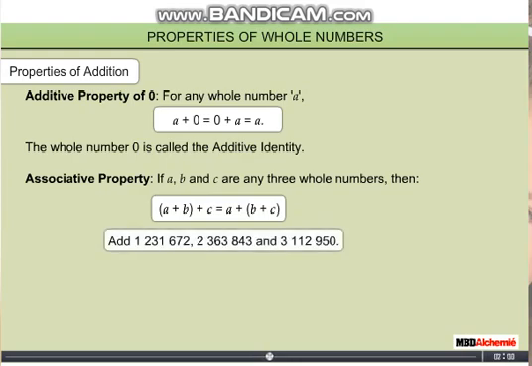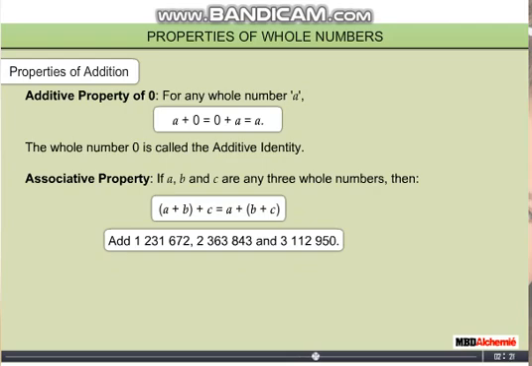Add 1,231,672, 2,363,843, and 3,112,950.